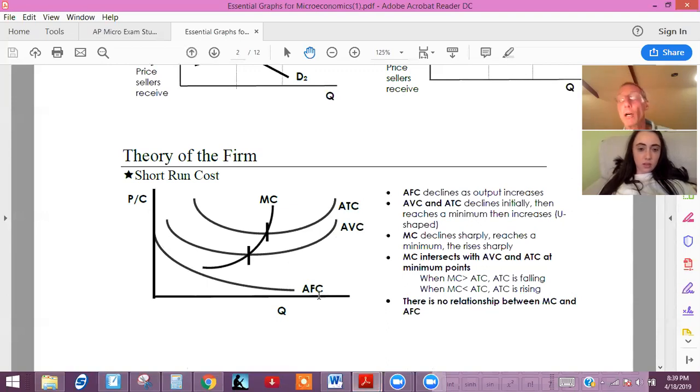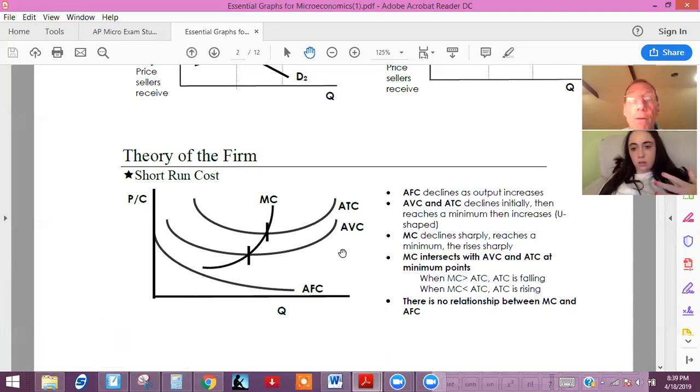Now, use my lawnmower example. Average variable cost is going to be the cost of gasoline, right? And maybe costs of something else, but mainly that's what it's going to be. So the average total cost of me mowing my lawn is the average fixed cost of the lawnmower plus the gas, right?